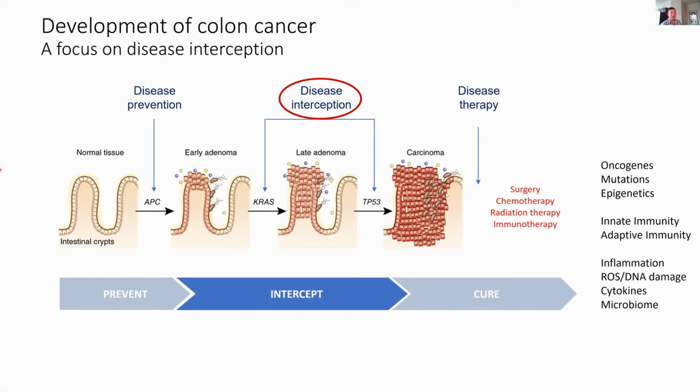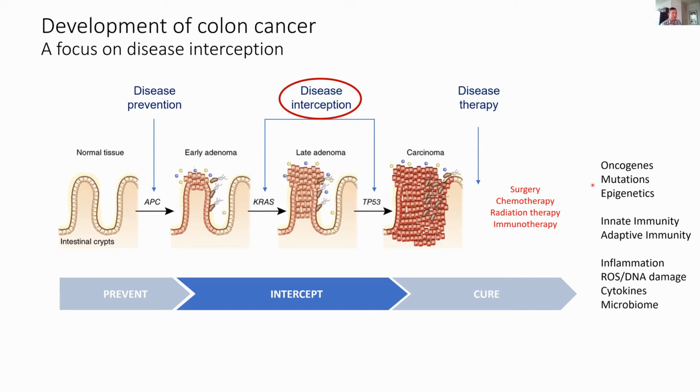Okay, so suffice it to say there are a lot of ways to approach this effort. It can be an oncogene focused approach on particular genes or mutations, trying to counter the effects of those oncogenes.